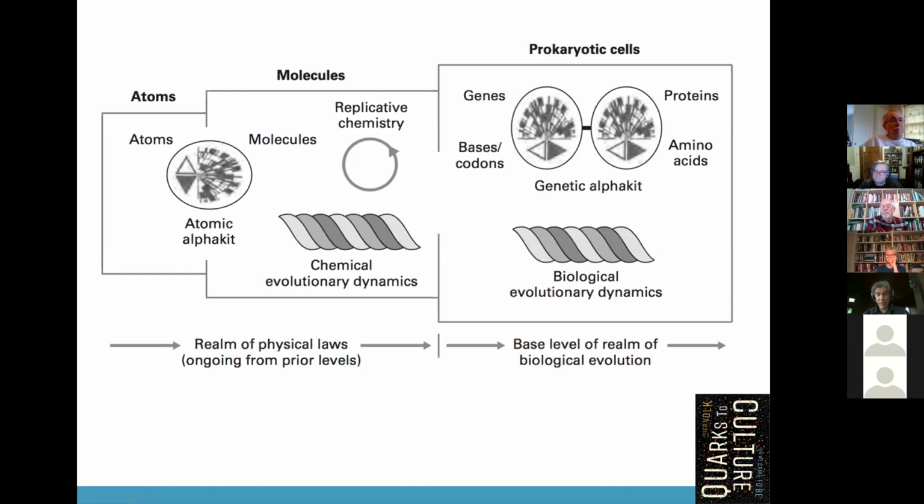To show an example, in our bodies, in a typical eukaryotic cell, there are something like 50,000 to 100,000 different types of proteins. 20 amino acids make 50 or 100,000 types.